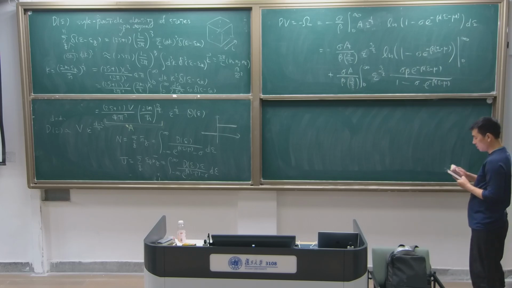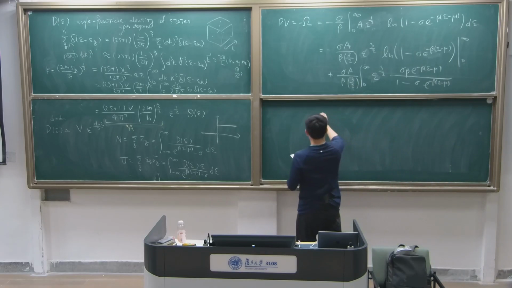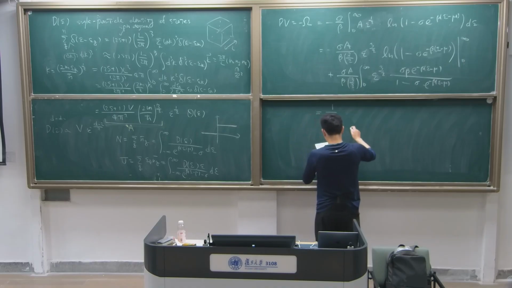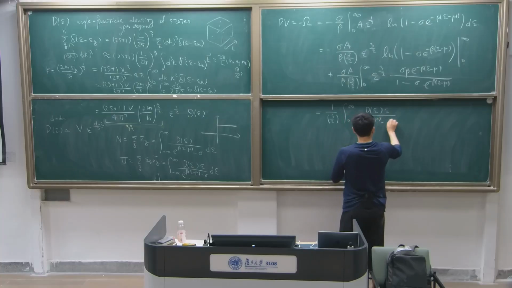sorry, I got confused. And this is equal to 1/3 of 0 to infinity d epsilon, 3 over 2, of e to the beta epsilon minus mu minus sigma.